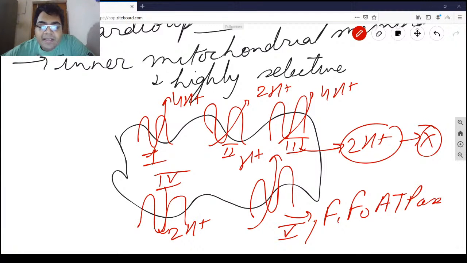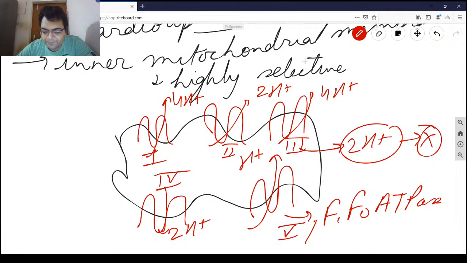Okay, so that is the hallmark of the electron transport chain. So what happens is, I can write down an equation for you. The NAD plus would oxidize the substrate, and NADH and H plus would be produced, right? So that is vice versa.